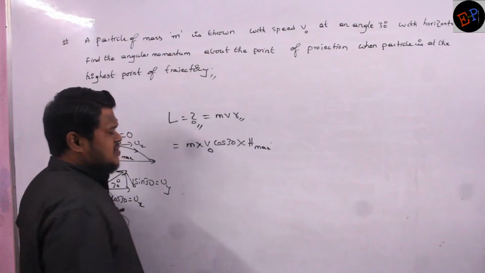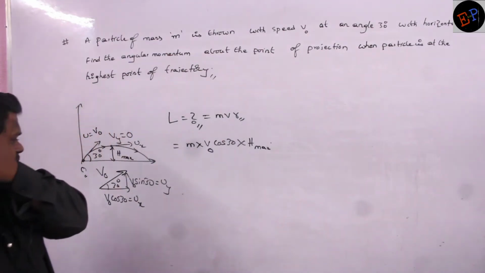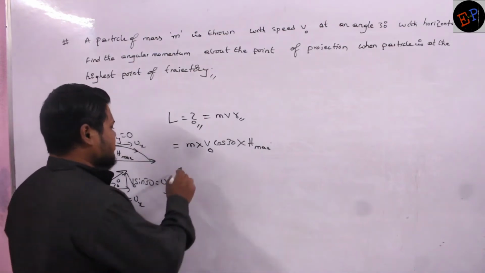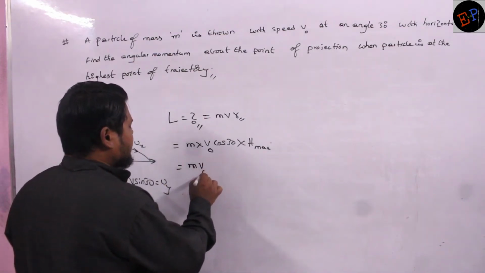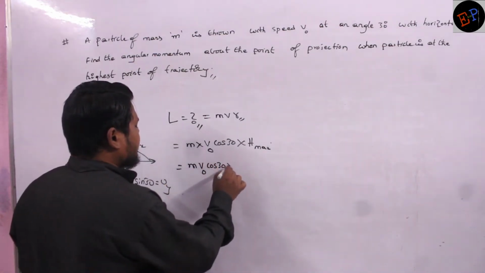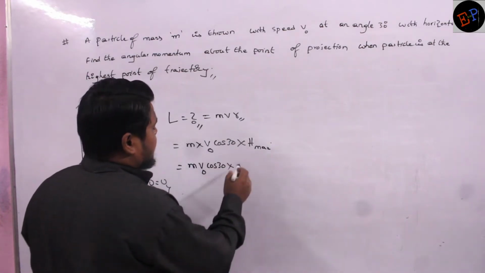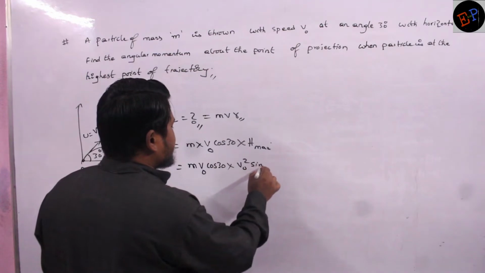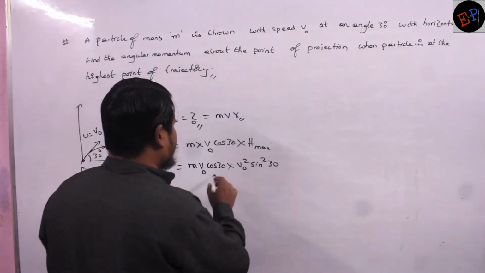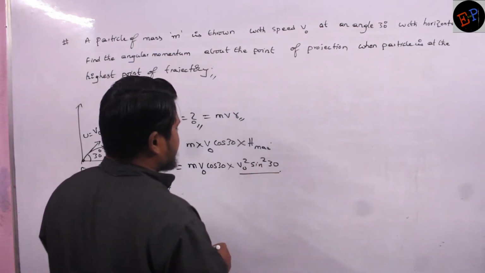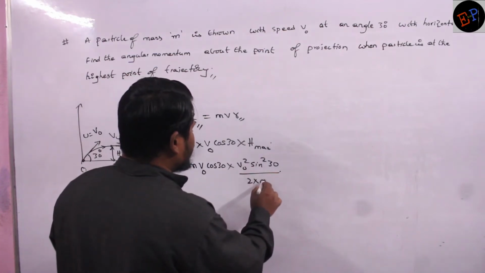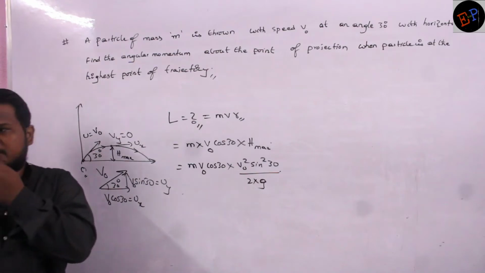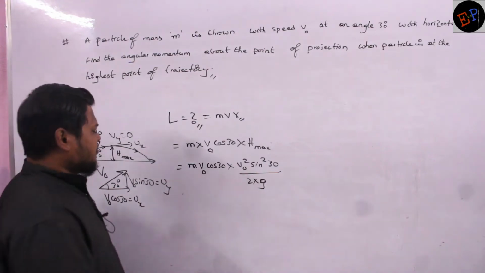Okay. And what is the equation for h max? U square sin square theta divided by 2g. So substitute. So m v naught cos 30 multiplied by v naught square sin square 30 divided by 2g. That is the equation for H max. Now just simplify this one.